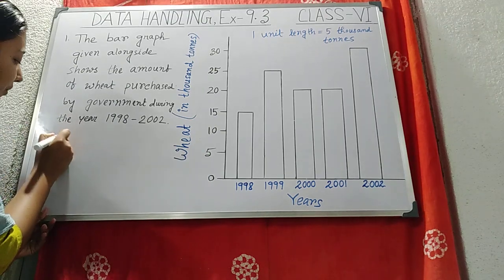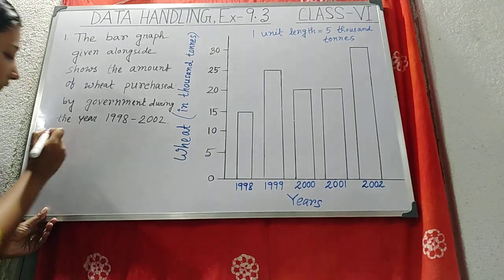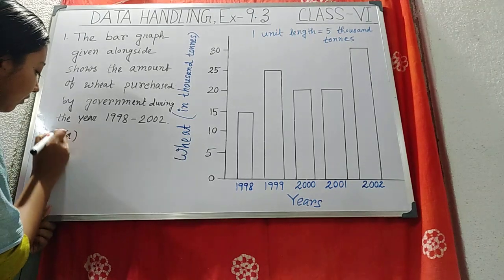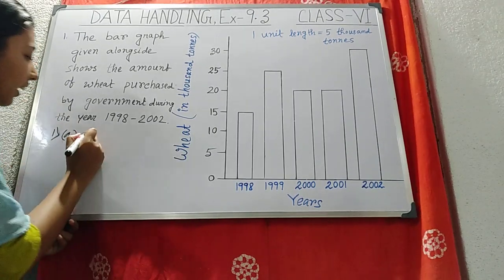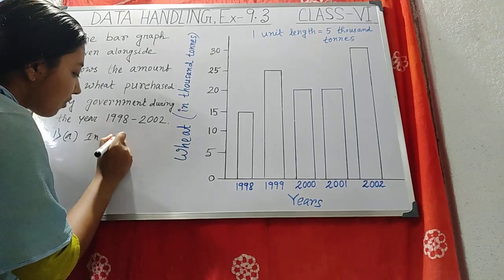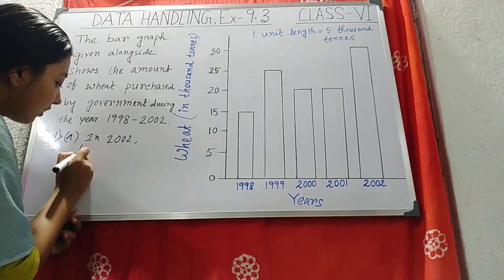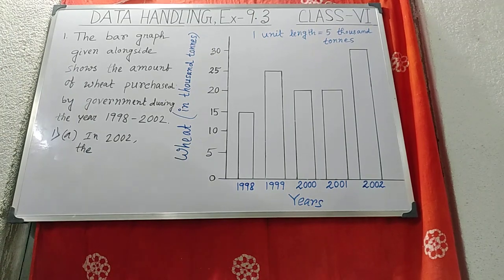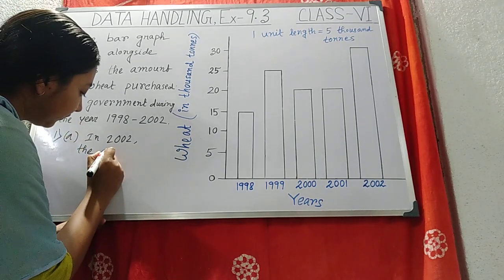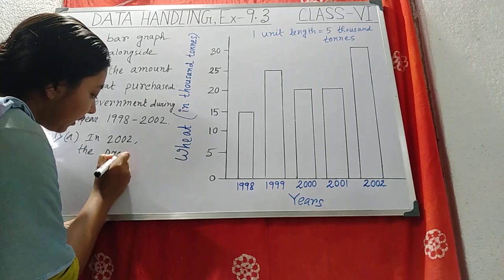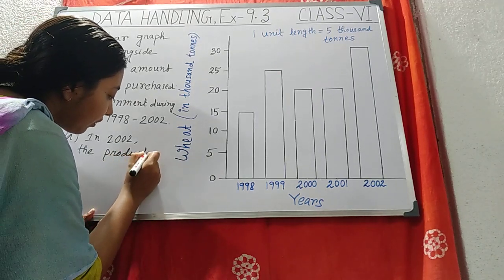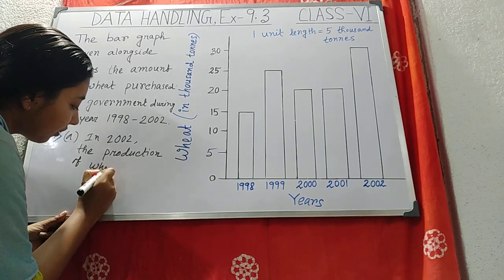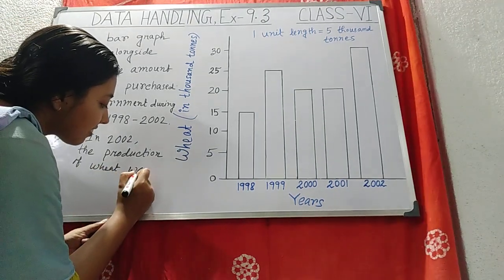Answer of first question: in 2002 the production of wheat was maximum.